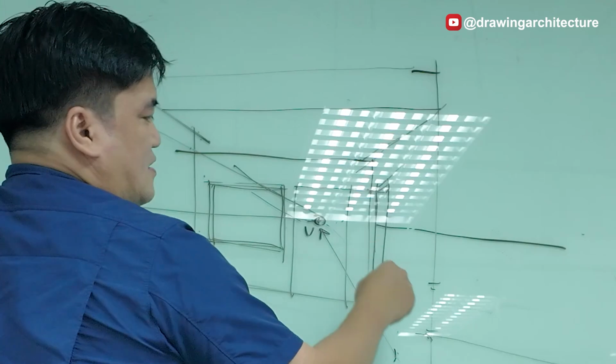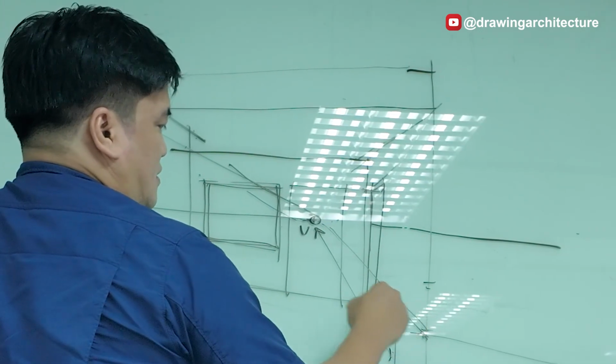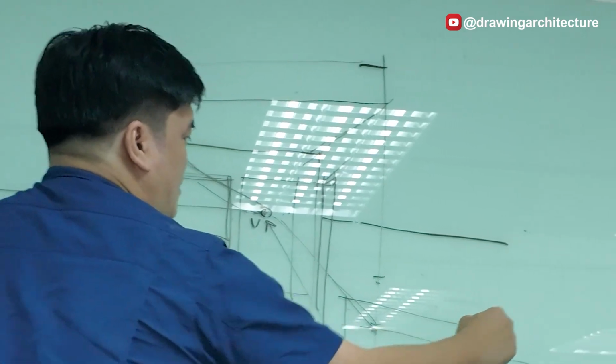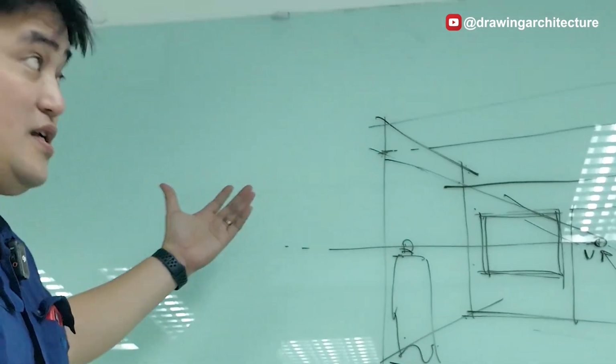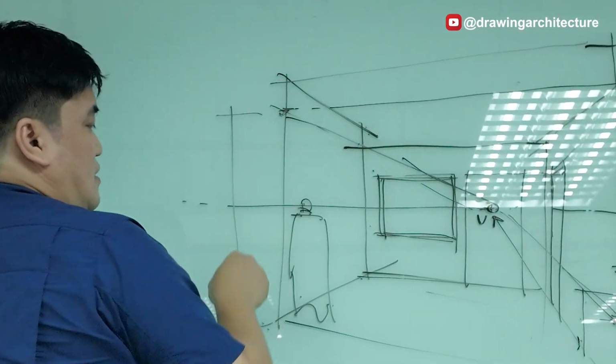Here, everything is connected to this vanishing point, right? So, 2 meter, the other vanishing point is really far away, right? This is what we're saying here. So this is 2.7 meters.